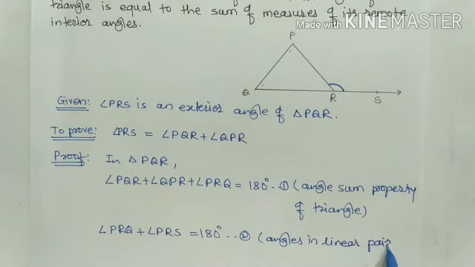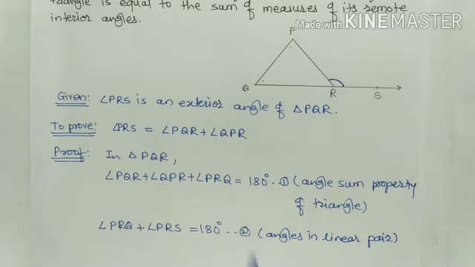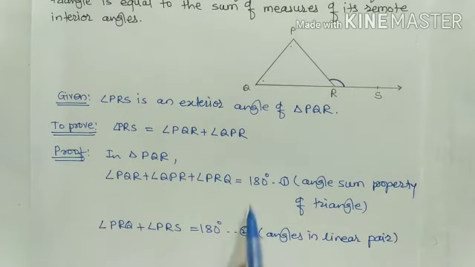linear pair. When you observe these two equation first and second, the RHS is same because both having RHS equals to 180 degree. So LHS is also same. जर यांची RHS सेम असेल तर त्यांची LHS सुद्धा सेम असली पाहिजे.